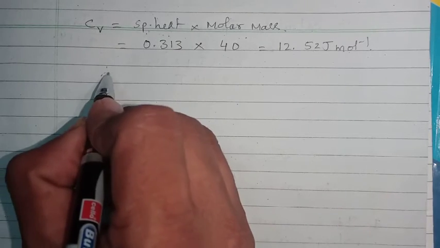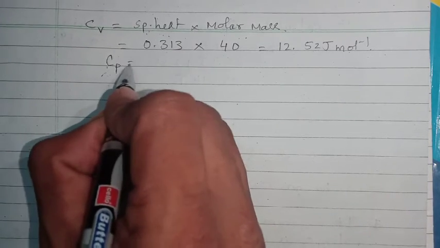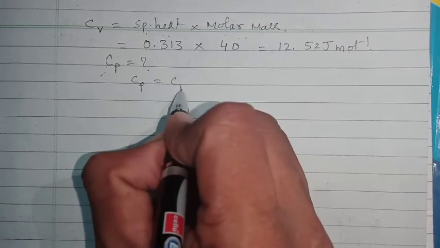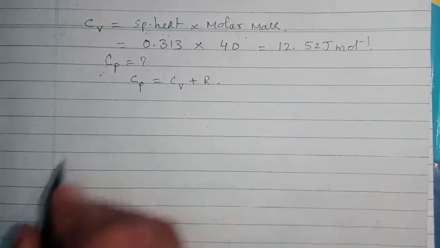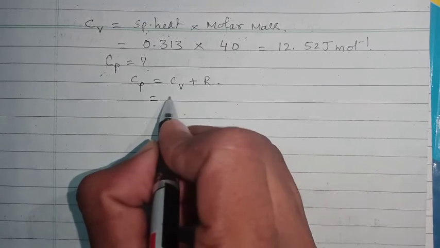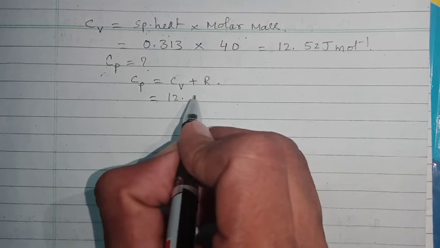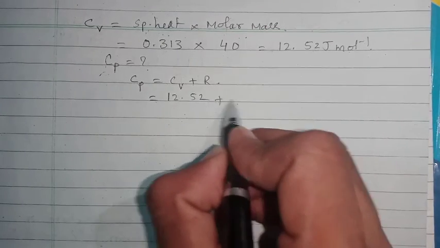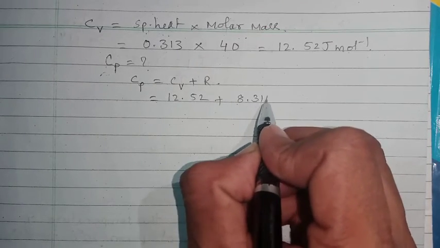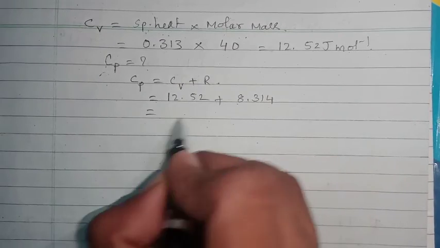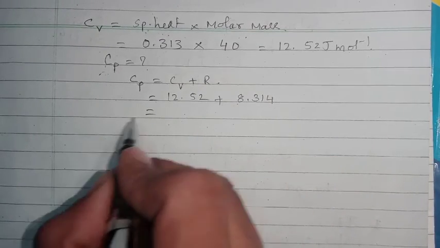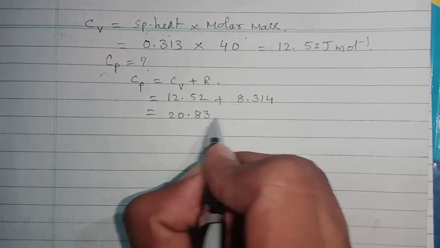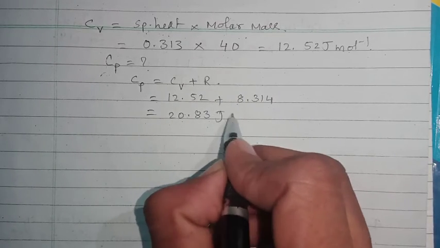And we know the relationship to calculate CP: CP is equal to CV plus R. The CV value we have calculated is 12.52, and the R value is 8.314 joules. Just by adding, we get about 20.83 joules per mole.